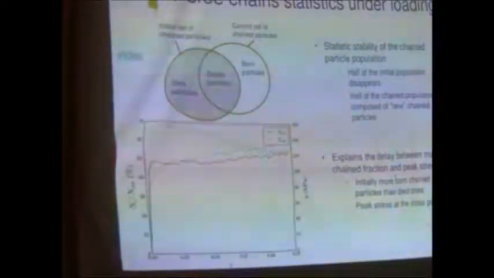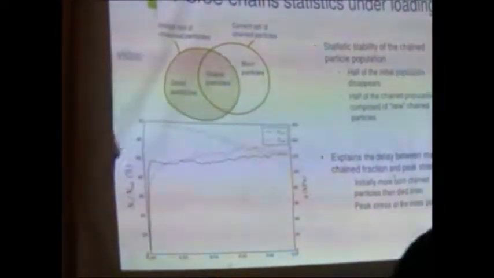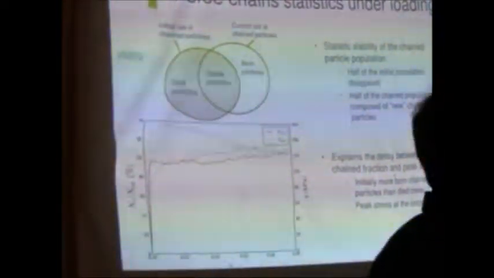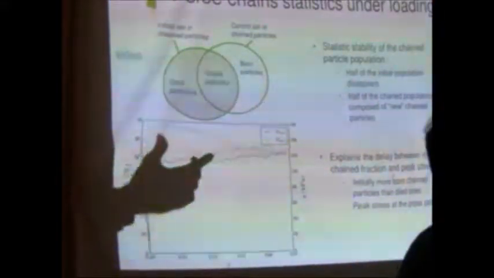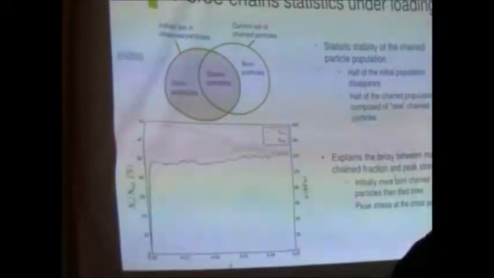This can be explained if you look at the evolution of the population of chain particles. If you have at first a given set of particles, then this set evolves, and in the actual set you have particles that were not initially identified as chain particles, and particles that were initially identified as chain particles that no longer exist in the actual configuration.